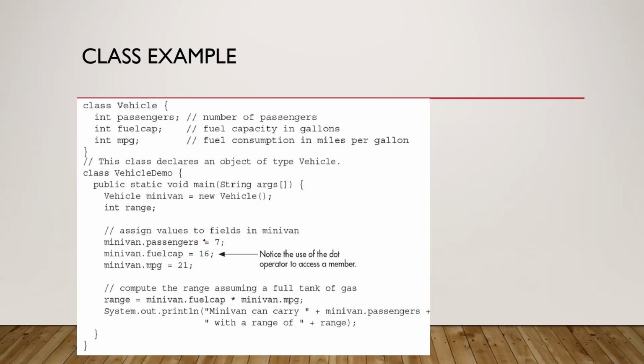And public defines how visible your code is, or who all can see this code. At this point it will be enough for you to know that this public static void main is the entry point to your program.